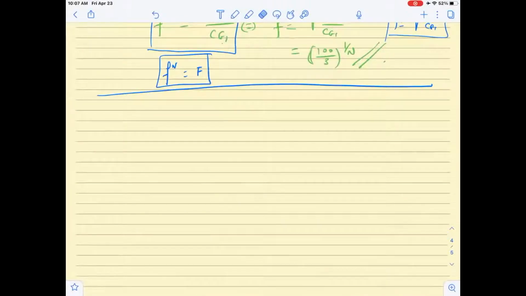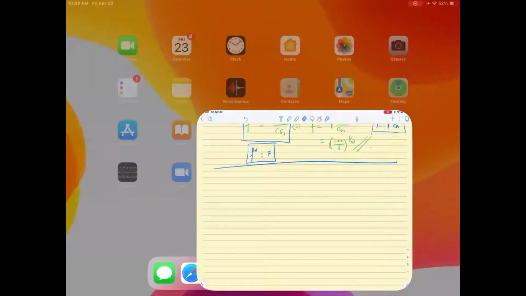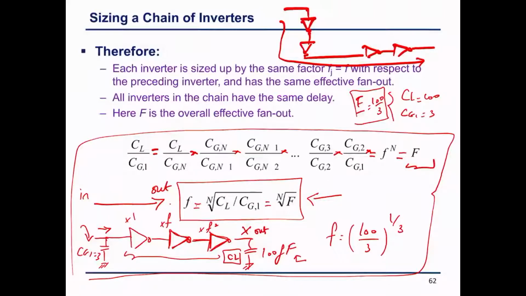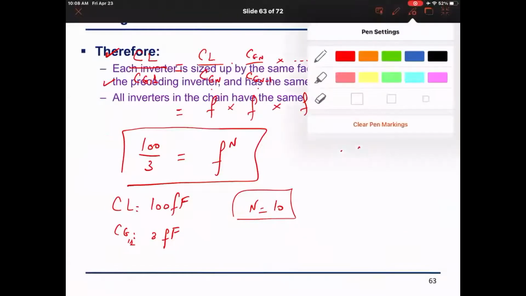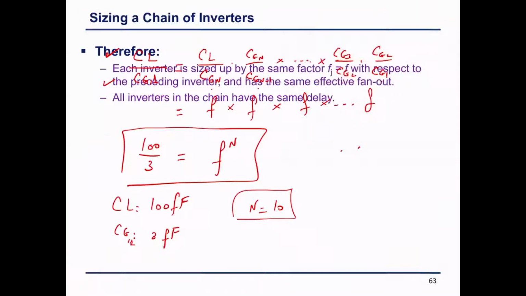So let me go back now to the slides and let us take this rule. Last time we said that F is the nth root of big F, and we gave an example. Now let me follow the slides a little bit and then we will take more examples.